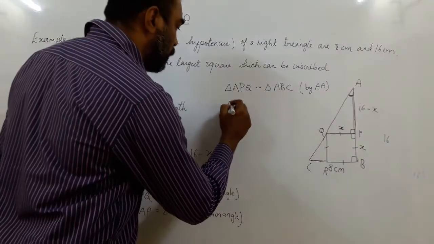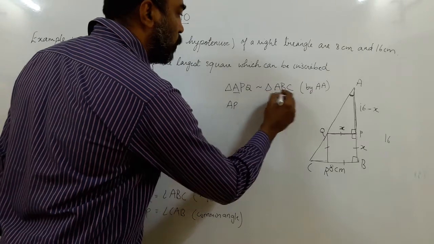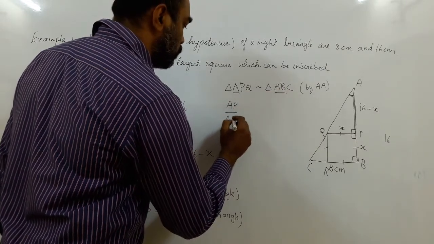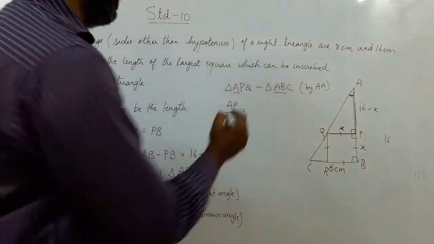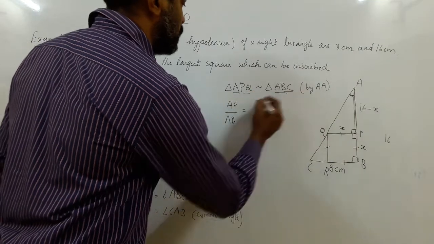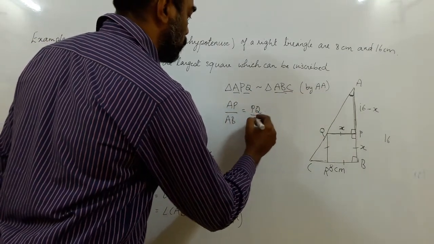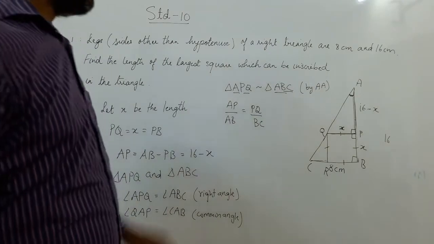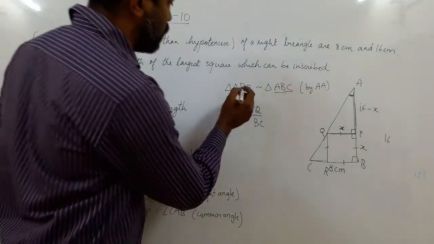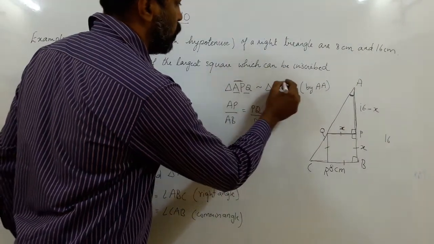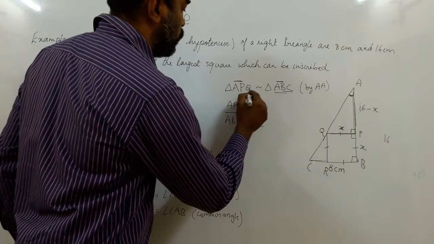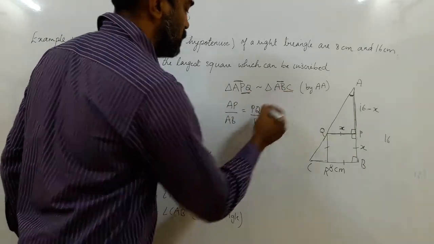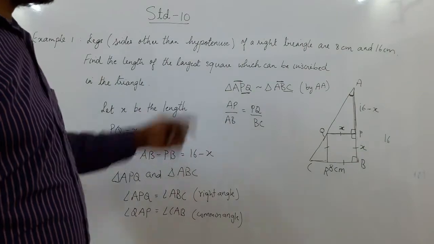So we get AP upon AB equal to PQ upon BC. True? Because the triangles are similar. Now let us put in the values.